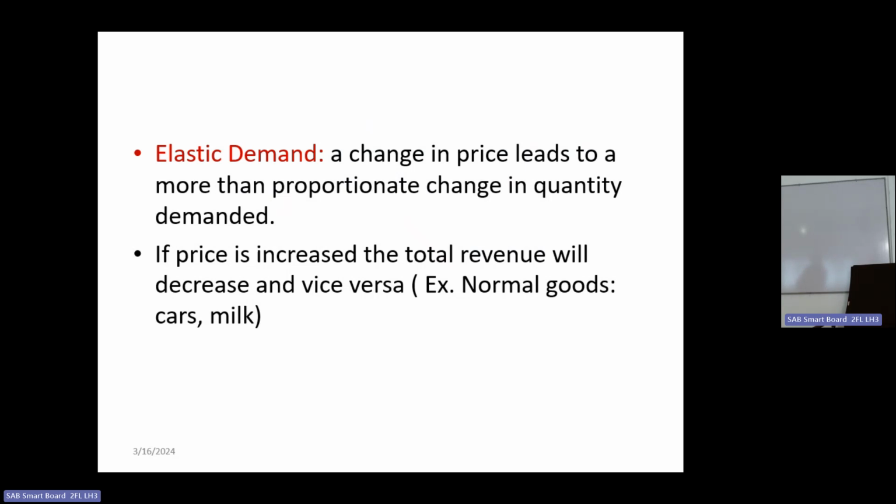So in that case, what is the best option, raising the prices or reducing the prices? When demand is elastic there is a high sensitivity. If the price increases, quantity demanded decreases significantly and that will reduce the revenue.